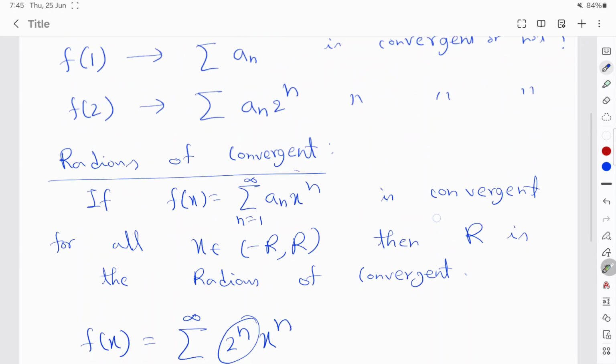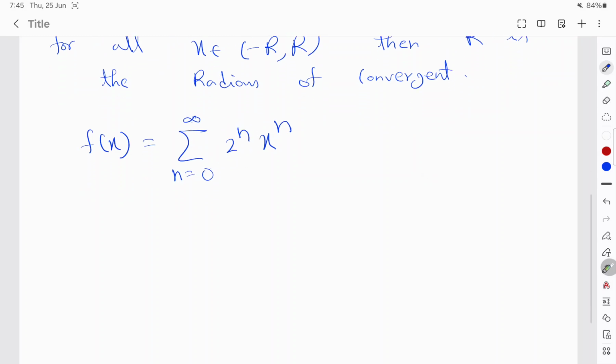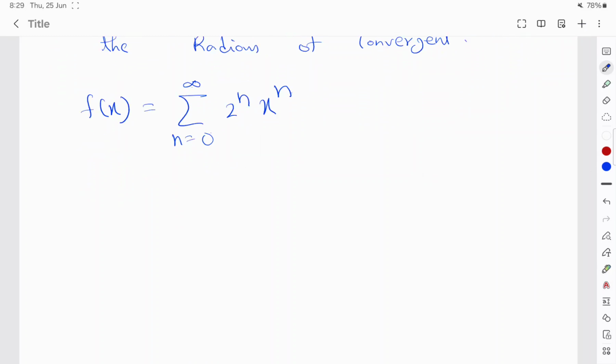This is your nth term, right? For this power series, you have to check for which range it is convergent. For example, if I say f of 1, this is 2 to the power n, so obviously this is divergent, because this is a geometric series with ratio 2, r greater than 1.